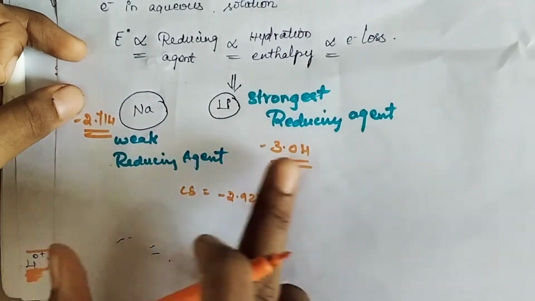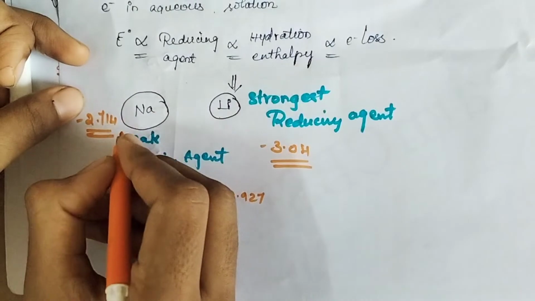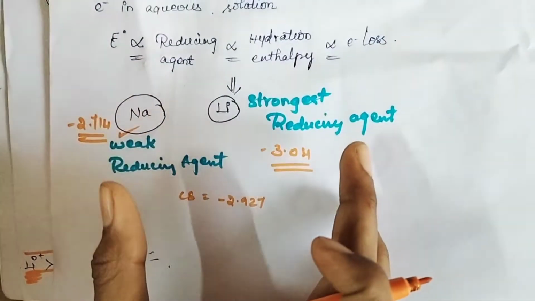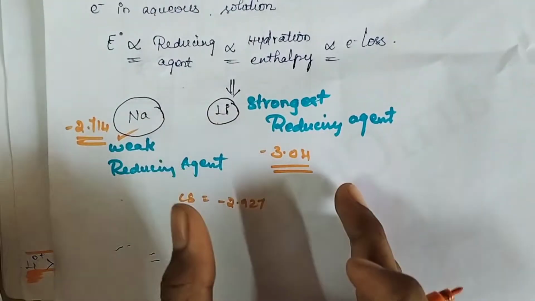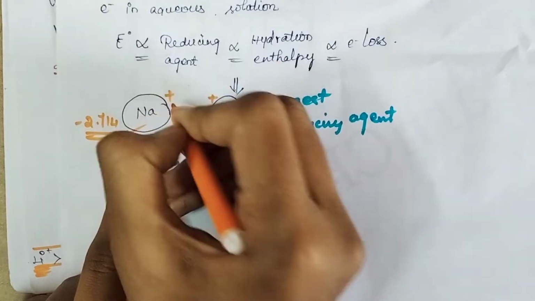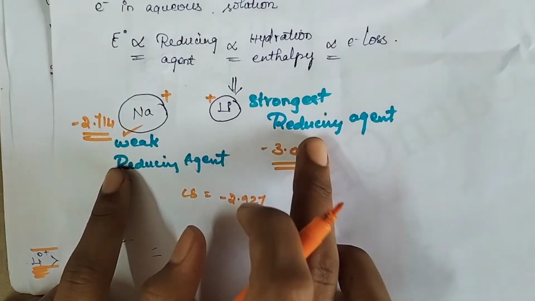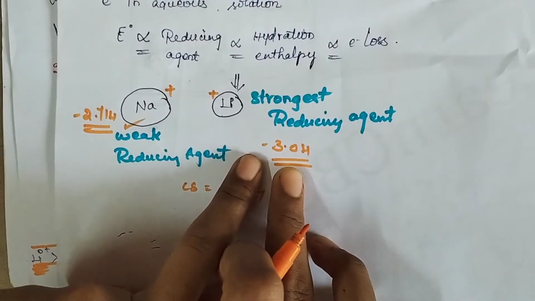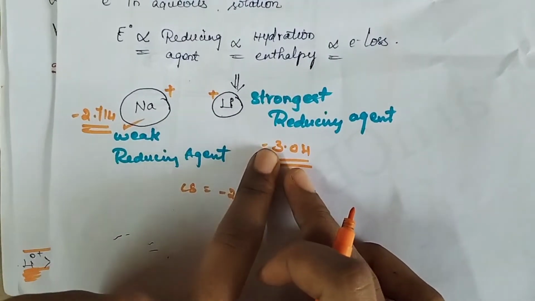As compared to this, we can say that sodium is the least reducing agent in an aqueous solution. This is happening in aqueous solution, attaining plus charge. It is an easy way for lithium because it is mostly hydrated, and you can prove this experimentally and practically.